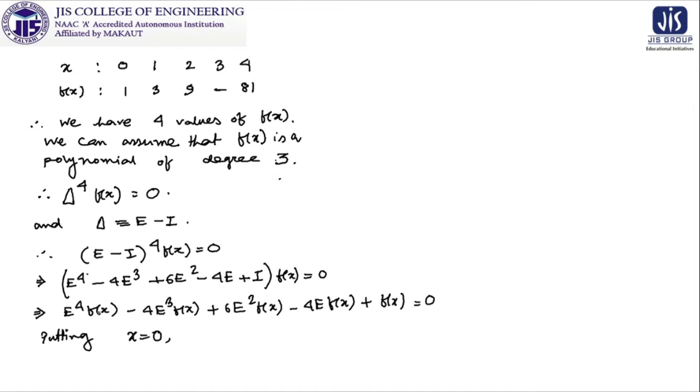So actually we know that shift operator, if I write the problem over here just so that we can connect it with this calculation, then E to the power 4 f(x) will keep f(x+4).